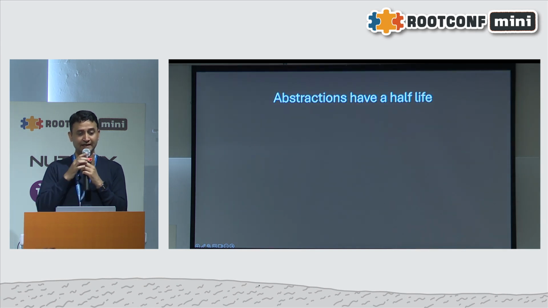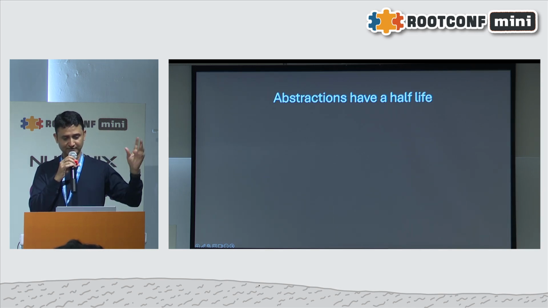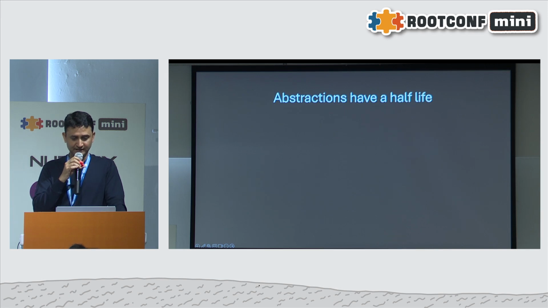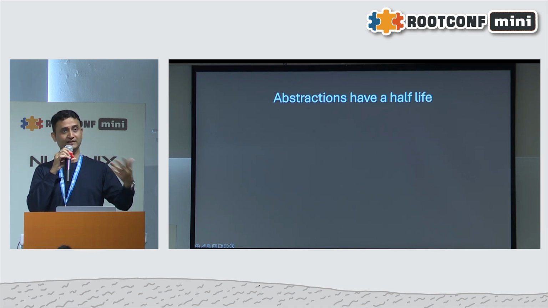Next, let's talk about abstractions having a half-life. Now that we've covered some of that history, remember that abstractions come into existence by virtue of the trade-offs that they make. So when the assumptions behind those trade-offs change, naturally there's a change in that abstraction's relevance as well.